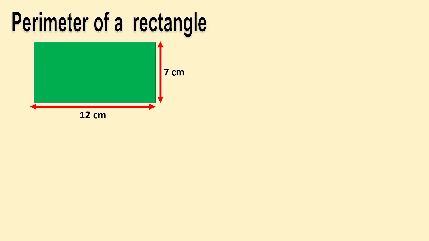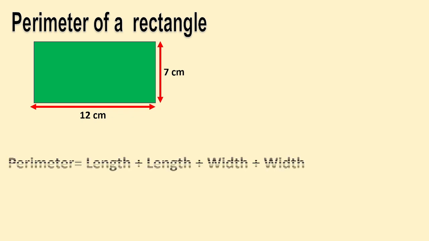How about perimeter of a rectangle? So we have here, the length of the rectangle measures 12 centimeters and the width is 7 centimeters. So first, we are going to write the formula of the rectangle.